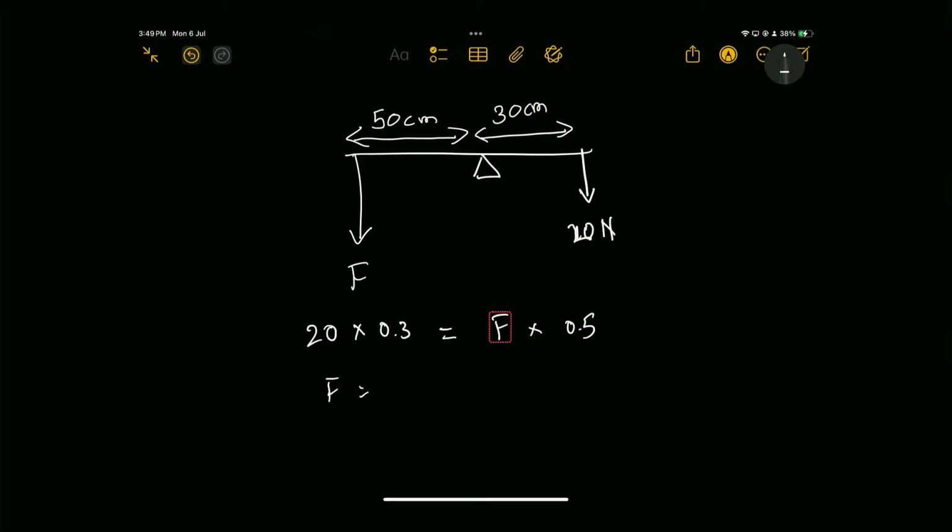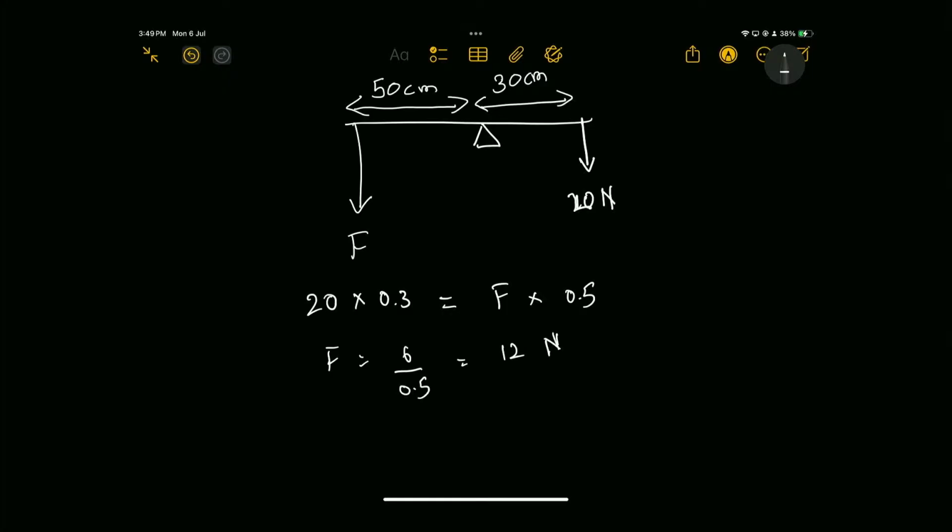Therefore F is equal to 20 times 0.3, which is 6, divided by 0.5, which is equal to 12 newtons. Now if we had to determine the mass needed to be hung there, the mass would just be equal to the force divided by g. If we use g as 10, that is 1.2 kilograms, if we needed to hang a mass to create this force F.